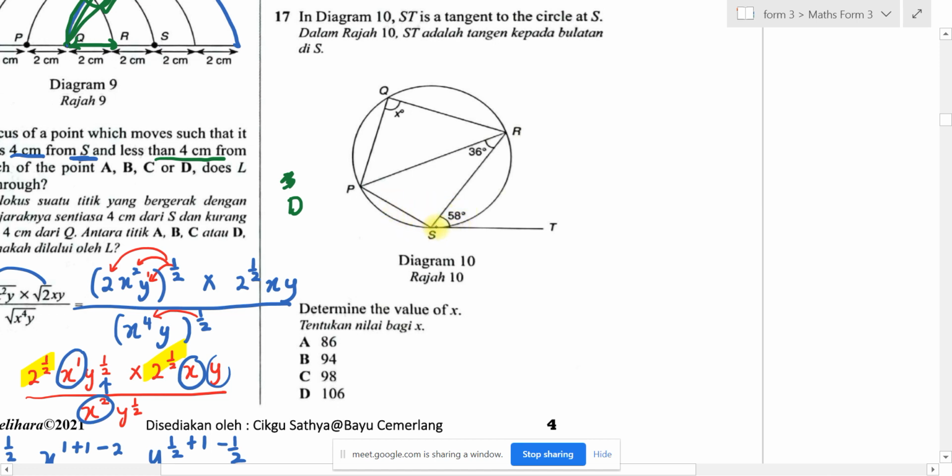Let me see. I think we have done this type of question before. Someone asked me this question. What is the X here?